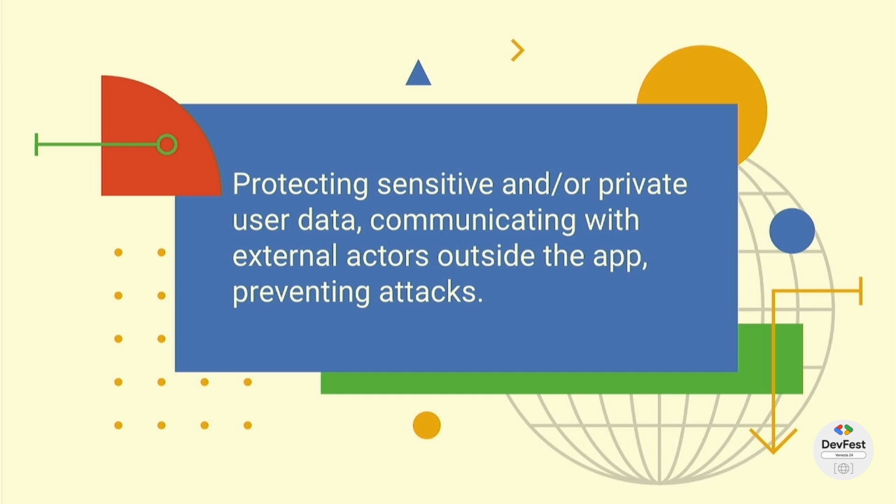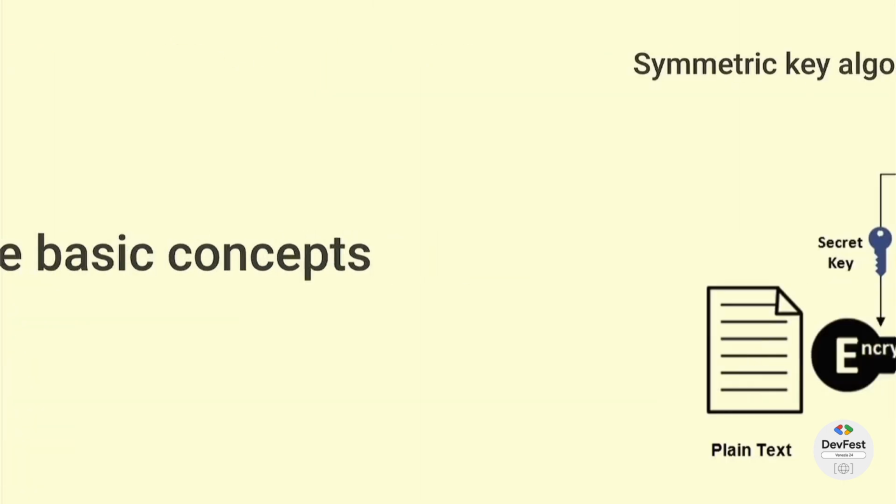But we can also apply cryptography when we want to communicate with external actors, could be machines working with a local intranet, something that we want to communicate with in a cryptographic manner outside the device. And in general, we want to prevent attacks on the user and on our apps.